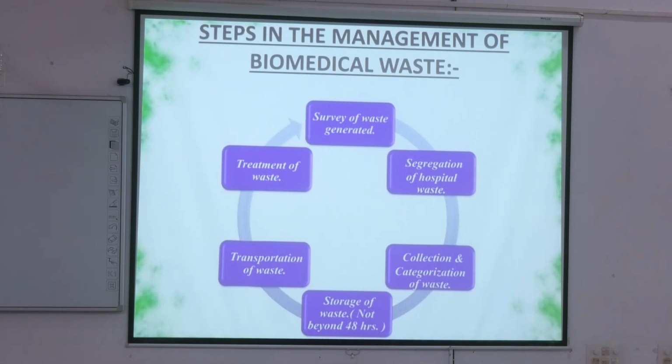Autoclave means it will sterilize the material. How? It is an instrument present in the lab. The main autoclave principle is moist heat sterilization, like 121 degrees centigrade for 15 minutes, at 15 psi pressure.